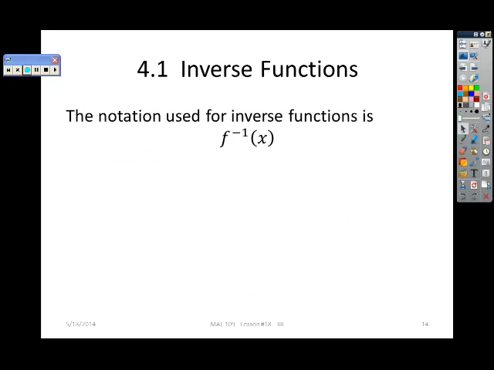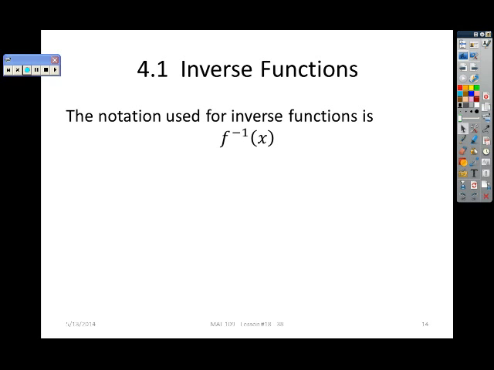The notation that you use to indicate an inverse of a function is this exponent of -1. This is a situation where you do not interpret that to mean 1 over f. Normally a negative exponent, you deal with it by flipping it over. This is an exception. This is the notation used when it's used with a function name.